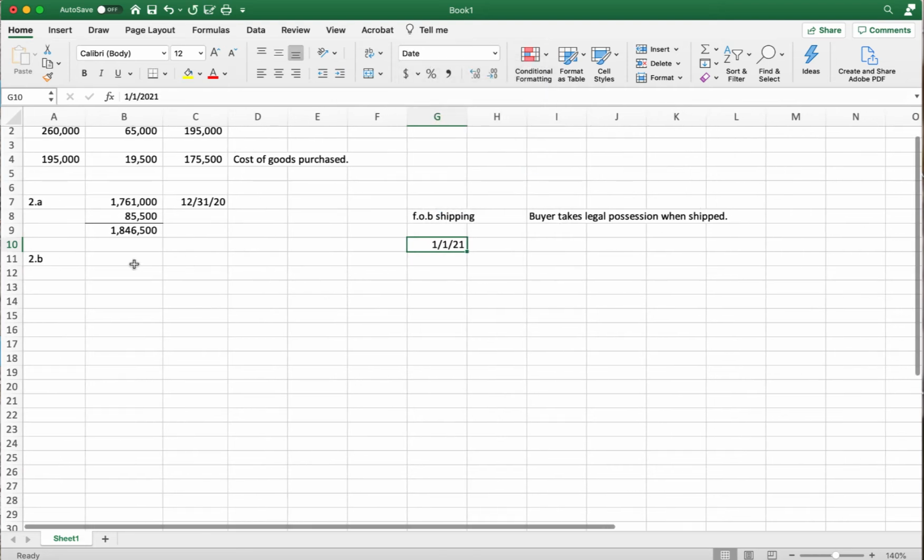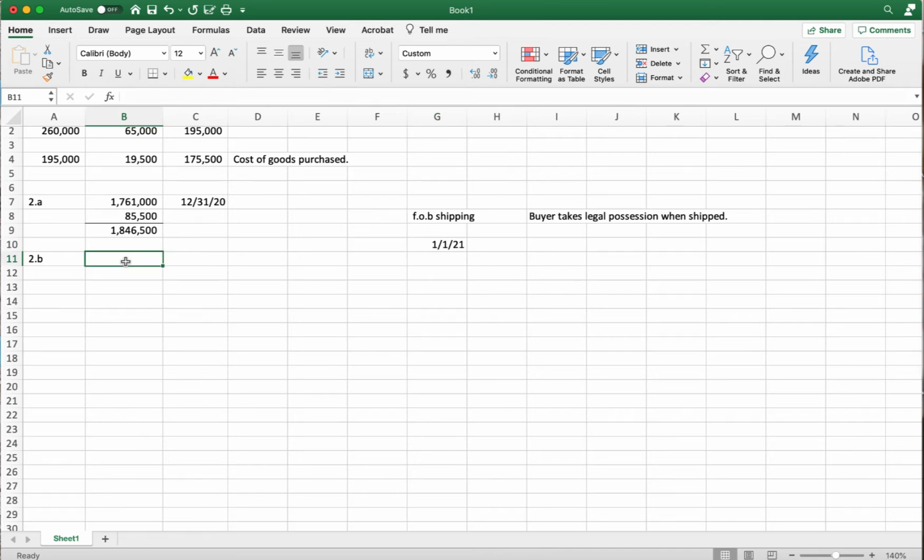So that means that the $61,000 of goods shipped FOB shipping point on January 1st, 2021 should remain as part of Pine's inventory on December 31st, 2020.